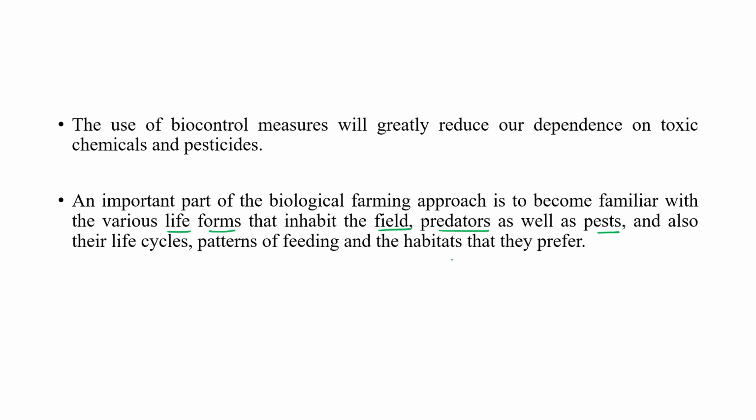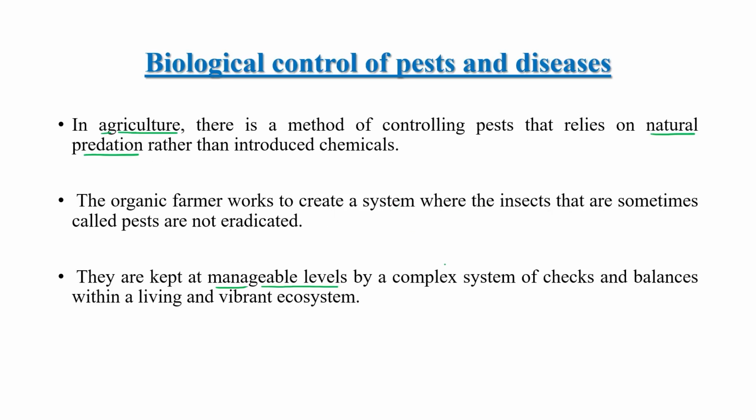So what is the main objective? The main objective is to create a system where insects that are sometimes called pests are not eradicated. Rather, these organic farmers use these kinds of insects to eradicate other insects.